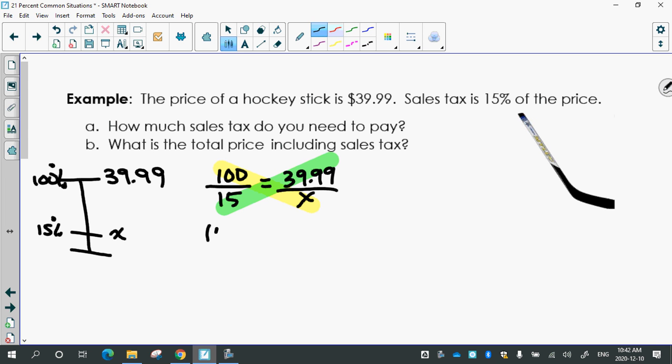So we got 100x equals $599.85. Remember to write down all the decimals until your final answer.